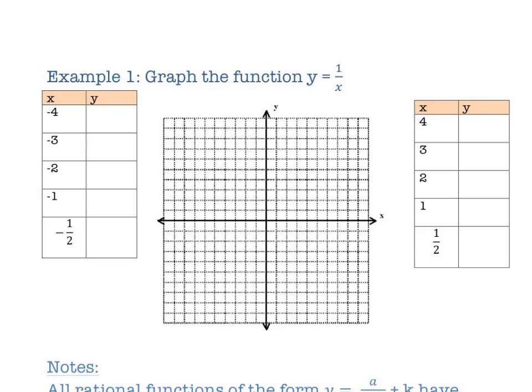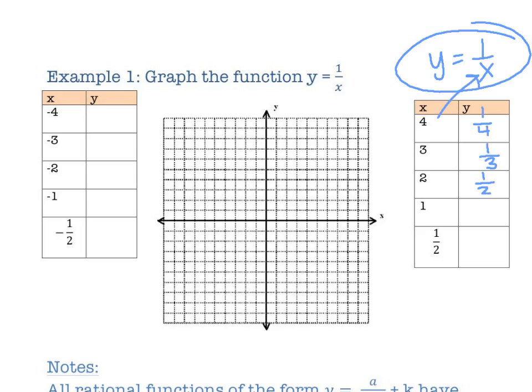The first one that we want to do, though, is just that basic graph of y equals 1 over x. So let's start out with the positives. If I plugged in 4 for x, y would be equal to 1/4, 3 would be 1/3, 2 would be 1/2, 1 would be 1, and then 1/2, if I do 1 divided by 1/2 to get a y, my y value would be 2.